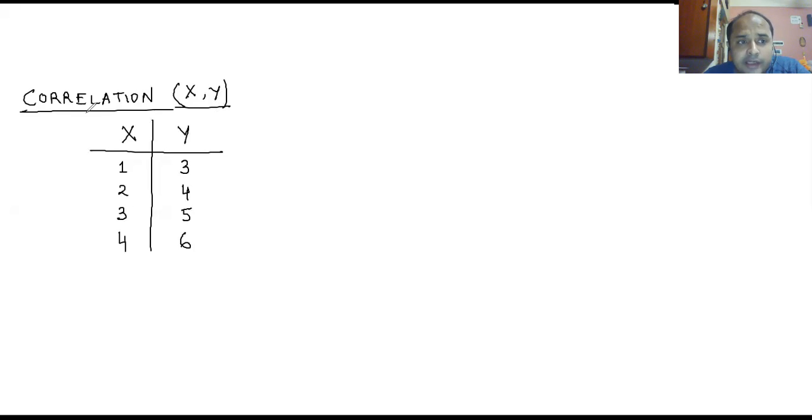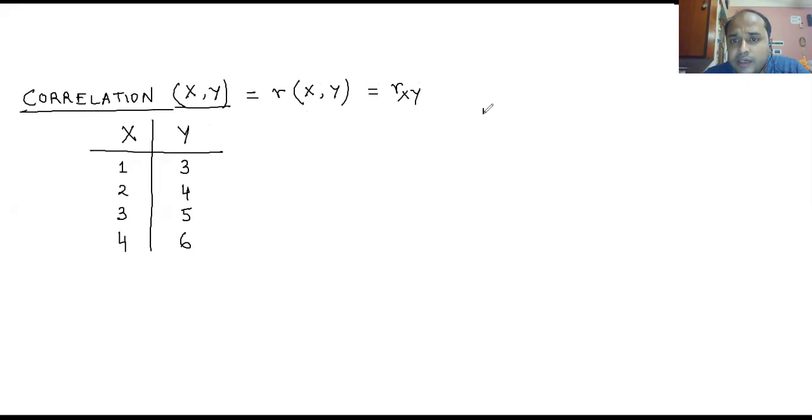So I want to find the correlation between the two variables, capital X and capital Y, and the notation for this would be RXY, or sometimes we write it as R, with capital X and capital Y in the suffix.